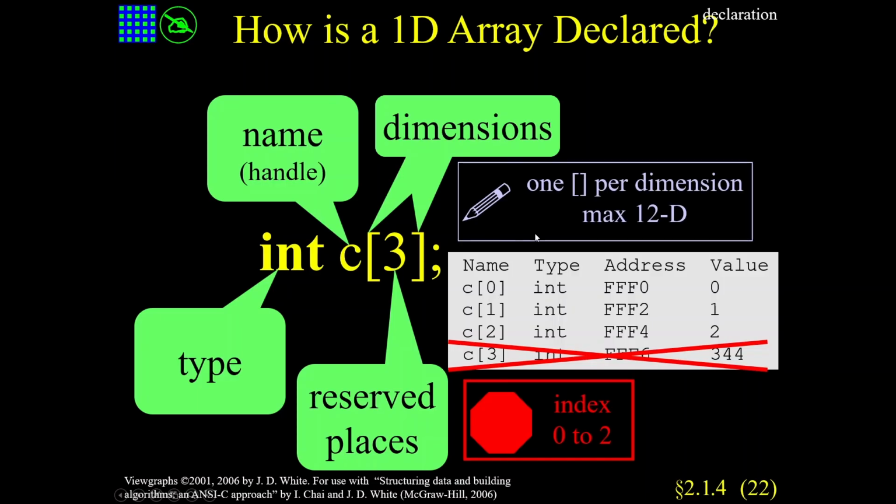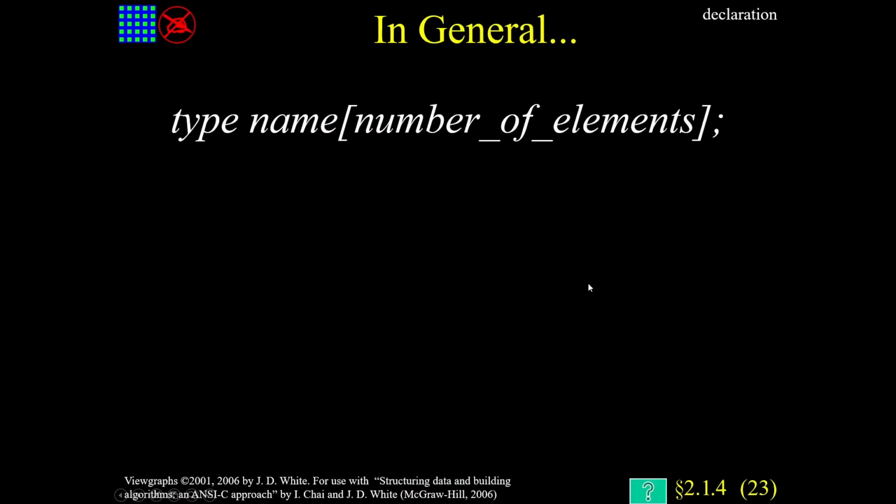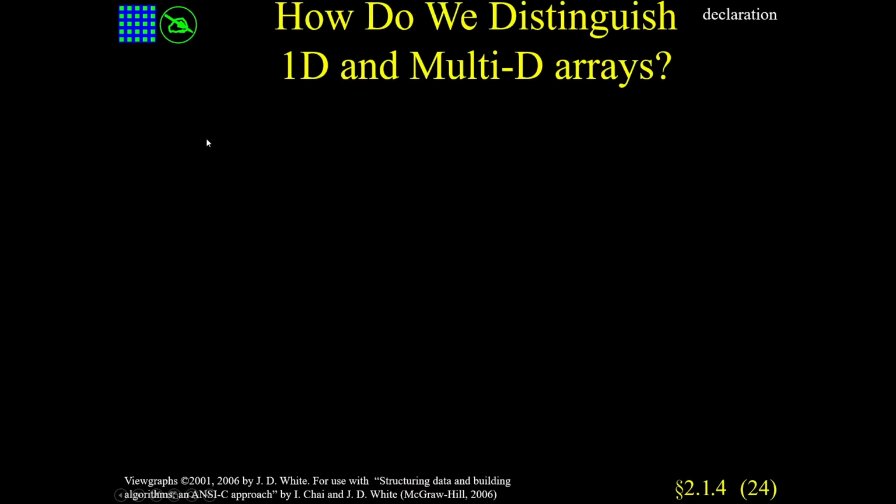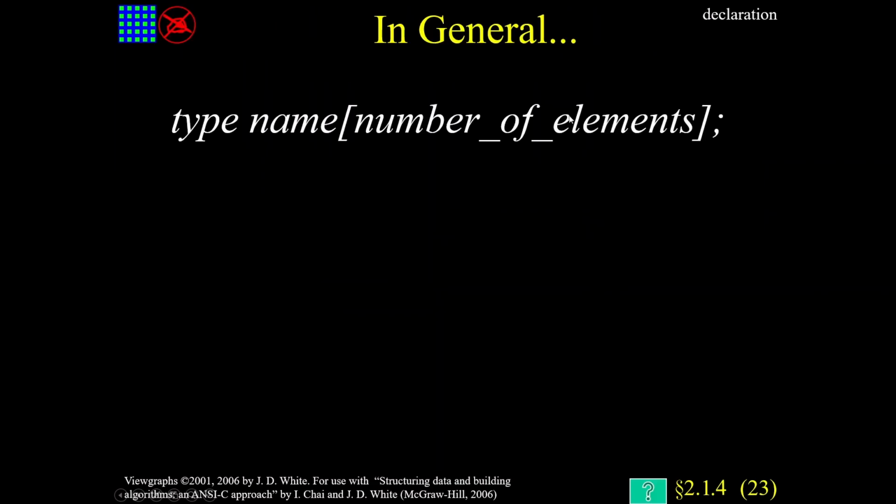We can do up to 12 dimensions in C, so you can work in 12 dimension space if you want. In C it's a little bit confusing, so I don't recommend it, but generally people don't go over 3 dimensions. 3 dimensions is quite plenty. So in general it's the type, name, and number of elements for a 1-dimensional array.